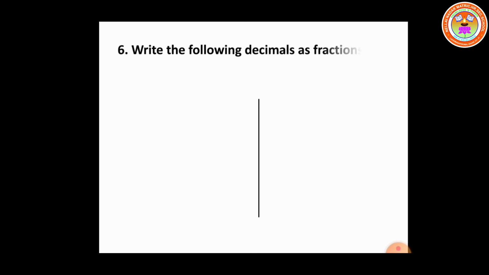Let us see the sixth question. Write the following decimals as fractions. First one 2.5, second one 6.4, third one 0.75.